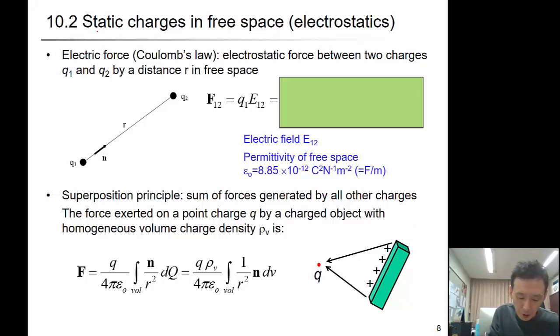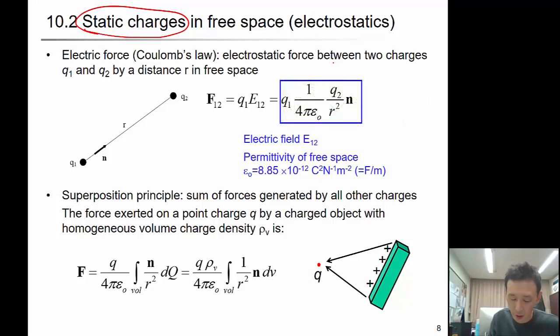So let's talk about the static charge in free space. It means that the charge is not moving. So electrostatic force between two charges, Q1 and Q2, by a distance r in free space, F12 is expressed with Q1 and Q2 and the distance r squared.